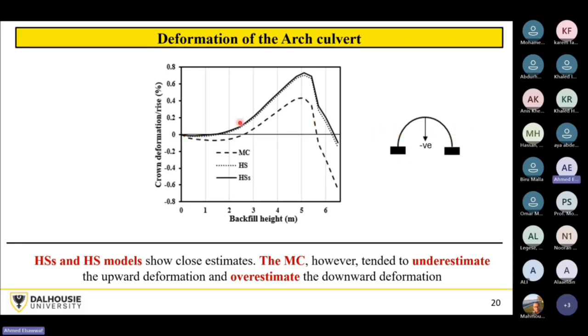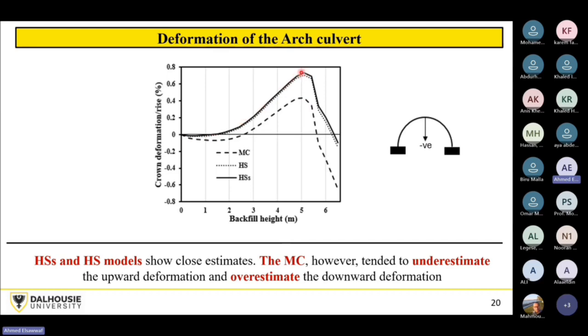You have positive deformation, that's the crown deformation. It's taken here as a percentage of the rise, against the backfill height. My rise here was around 5 meters. So as long as you are still backfilling below this line, you will have positive deformation.